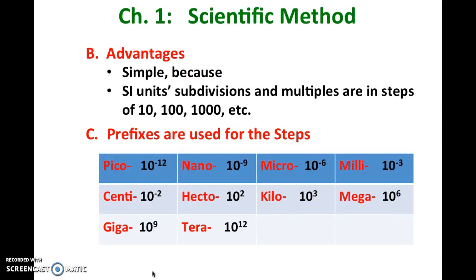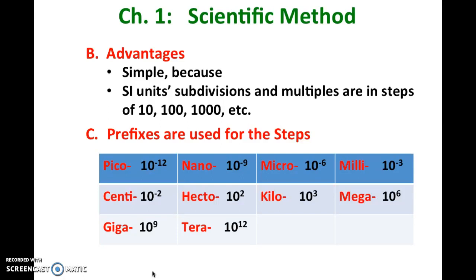Why should we use the SI unit system? It is simple, because SI units, subdivisions, and multiples are in steps of 10, 100, 1000, etc. These steps are represented by prefixes such as pico as 10 to the negative 12, nano as 10 to the negative 9, micro as 10 to the negative 6, milli as 10 to the negative 3, centi as 10 to the negative 2, hecto as 10 to the 2, kilo as 10 to the 3, mega as 10 to the 6, giga as 10 to the 9, and tera as 10 to the 12.